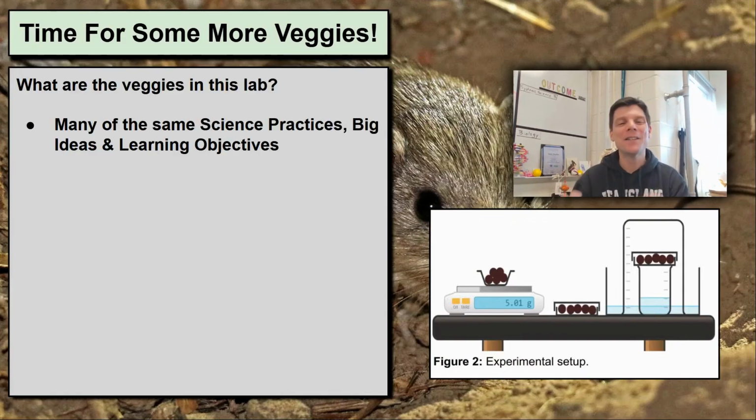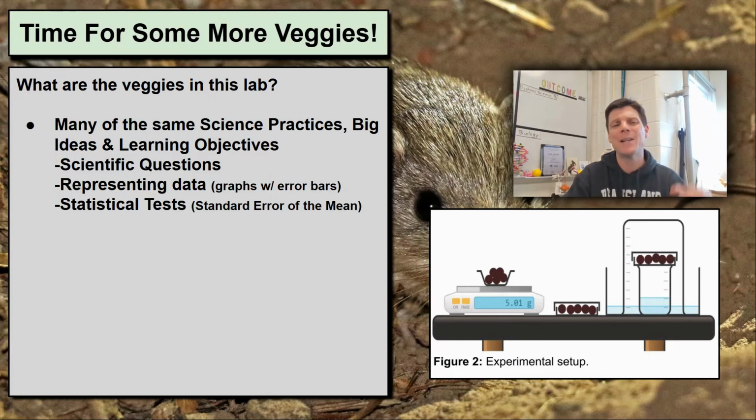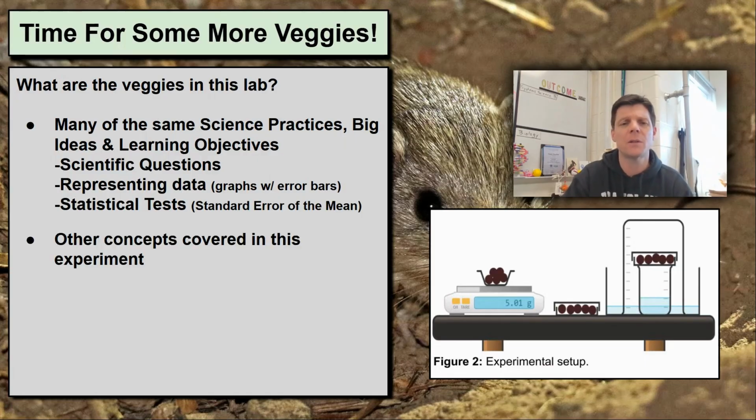So it's a lot of the same science practices, big ideas, and learning objectives that we first introduced with Mouse Hunter. So students are asking scientific questions. Again, they're learning how to represent data with graphs, including error bars. They're practicing those statistical tests, including the standard error of the mean.